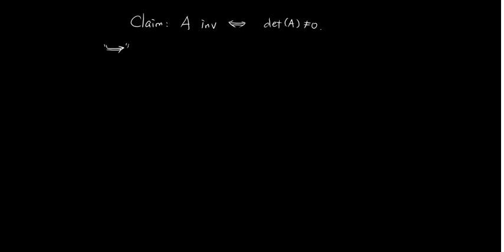So starting with the left-hand side, again, Jason told us that you have to know what the assumption is. The assumption is that suppose A is invertible. And you have to go all the way, in the end saying that the determinant is non-zero.